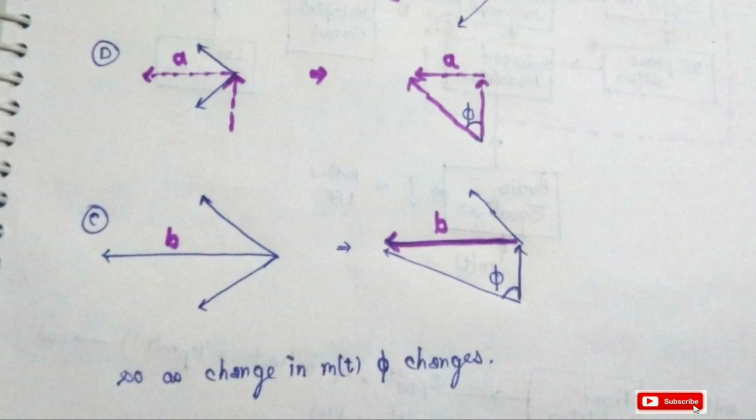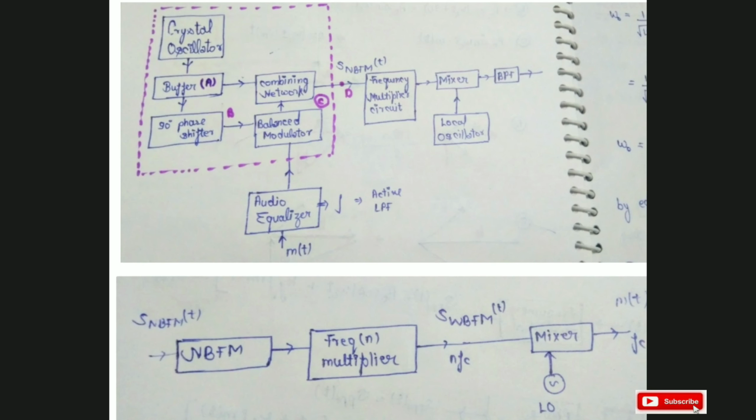And because the range of the crystal oscillator is up to 1 megahertz, the generated signal is the narrowband frequency modulated signal. Then our basic block diagram changes into the bottom diagram, in which the generated narrowband frequency modulated signal is passed through the frequency multiplier, and then passed to the mixer. Then we get our resultant frequency modulated signal.